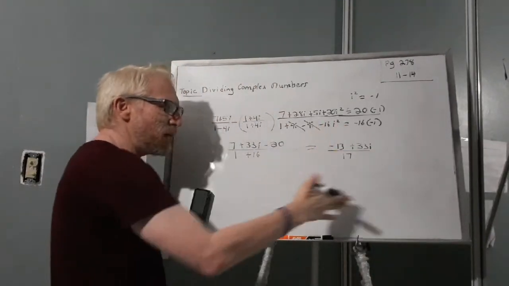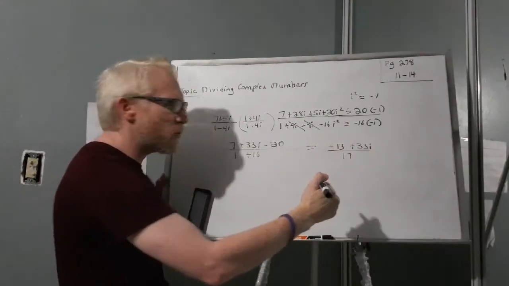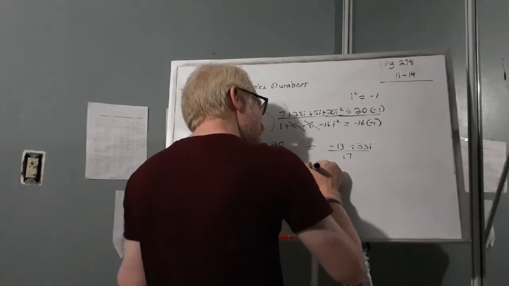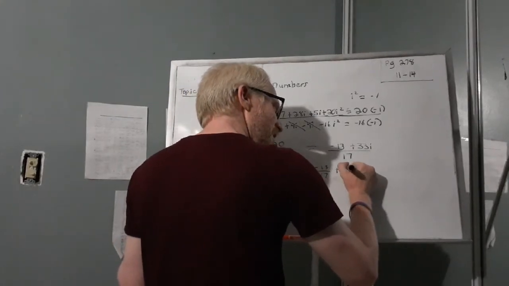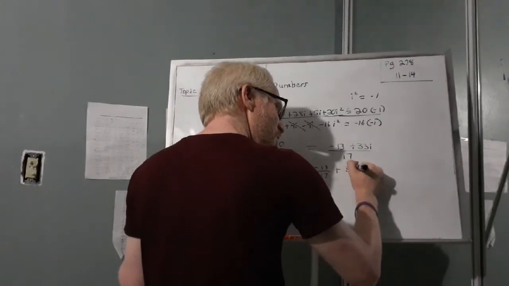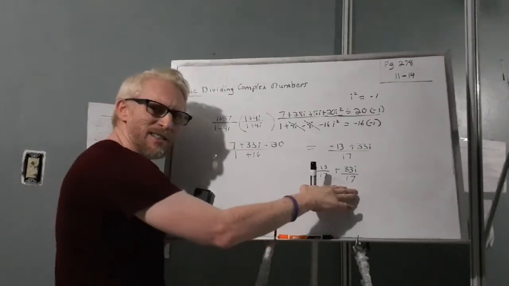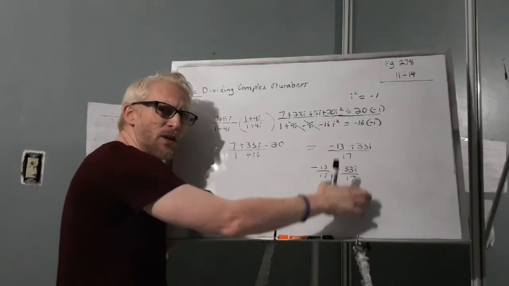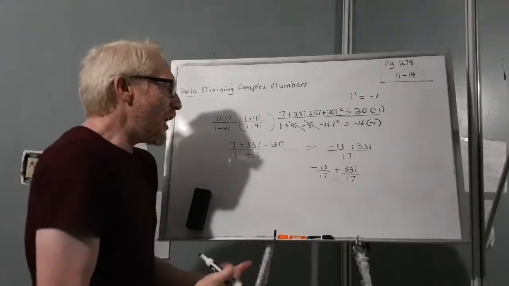If I could simplify this fraction, I would, but it's already in its simplest form. Your book says negative 13 over 17 plus 33i over 17. If you leave it expressed like this or like this, it's exactly the same thing. So it really doesn't matter, guys, how you leave it.